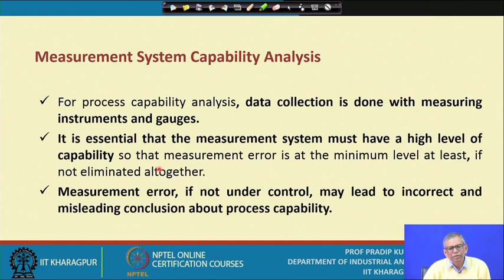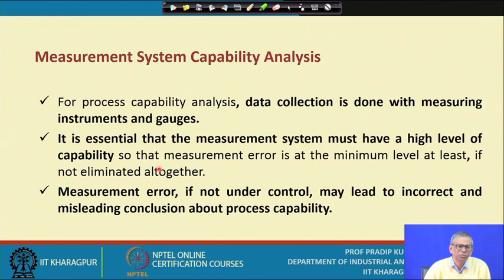Ultimately, the quality of data is very much dependent on the quality of the measuring instrument. That's why sometimes we make a statement that quality is only as good as the measuring instrument. If you recollect, in other lectures I have mentioned this point.